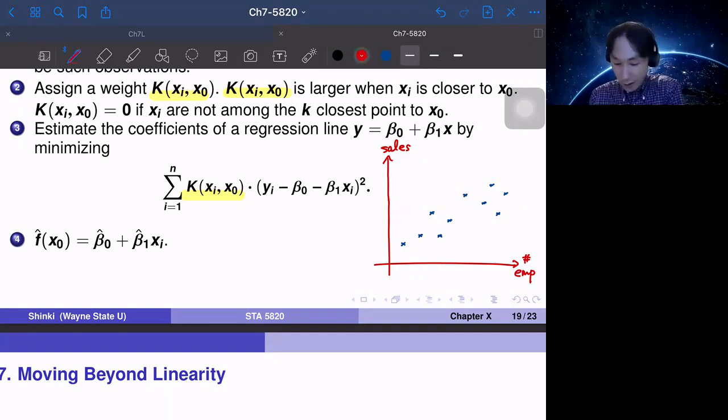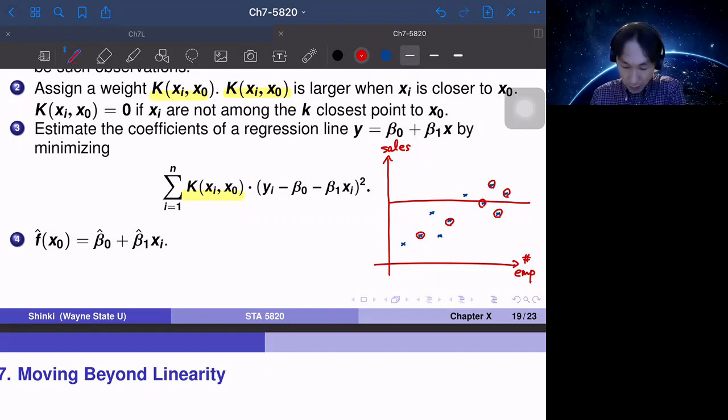So the typical case is that these companies answer the questions, maybe this and this. Then if we take the average, we basically overestimate the sales.